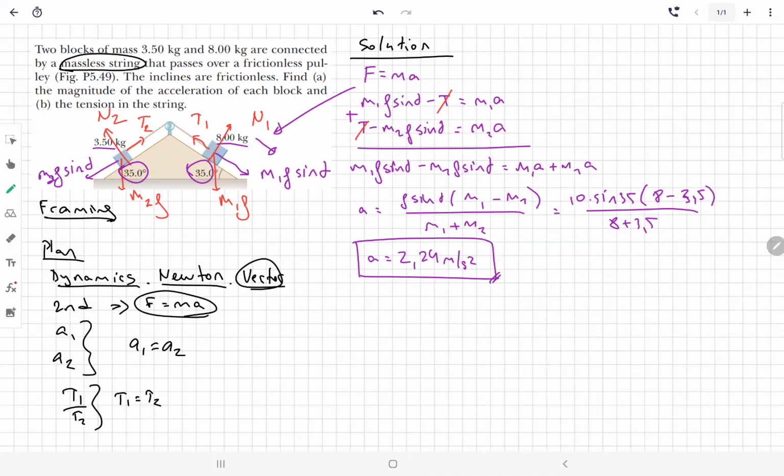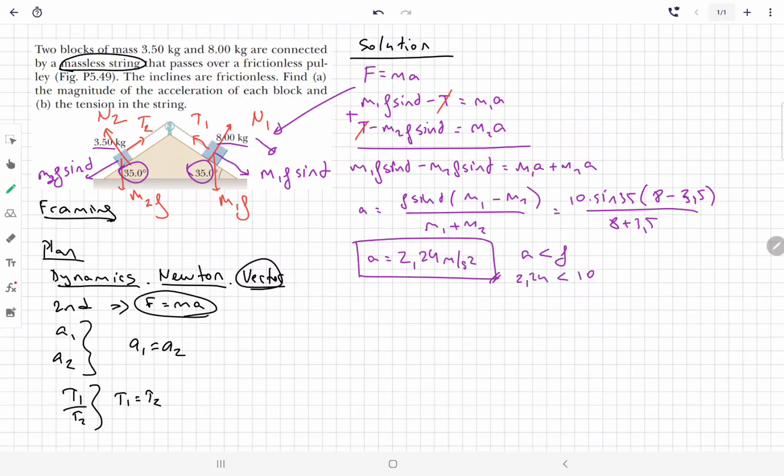So how can we check this acceleration? This acceleration is less than gravity, so 2.25 is less than 10, free fall. Physically it's logical, because these objects are not falling in the air. We have a system, we have a rope, so it cannot fall with acceleration greater than 10.